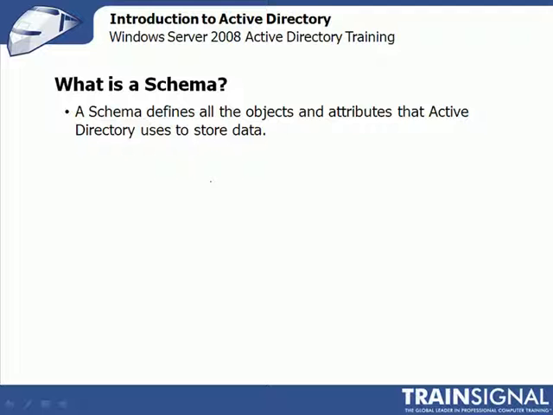The schema should primarily only be modified through programmatic interaction. In other words, a developer will write a program that interacts with Active Directory, and as part of that interaction, it will modify the schema. If the schema were to become corrupt, then your Active Directory infrastructure, for all intents and purposes, ceases to exist. That's why I'm putting such an emphasis on the fact that you just don't want to be messing with this thing.